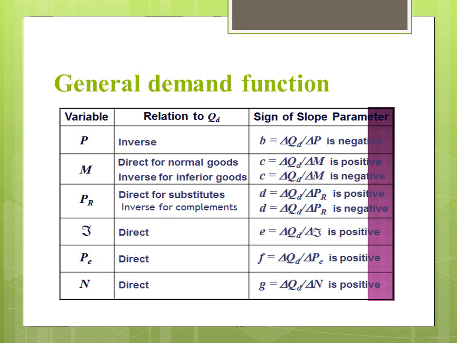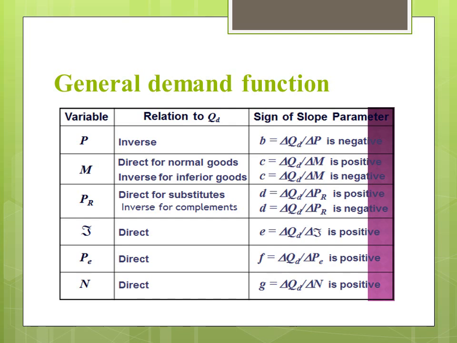So definitely they will utilize fewer units of petrol. So here is a negative relationship between price and complement goods. So here the slope will be negative, and D is equal to change in quantity demand over change in price.